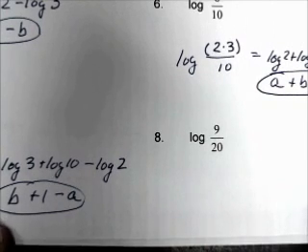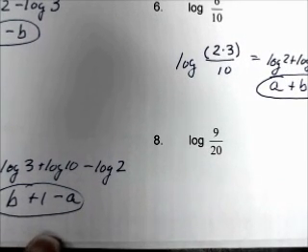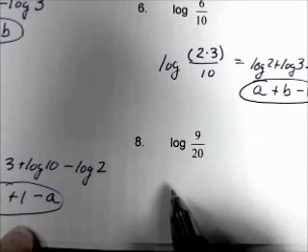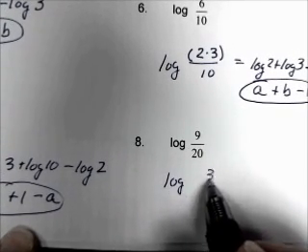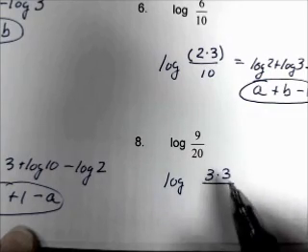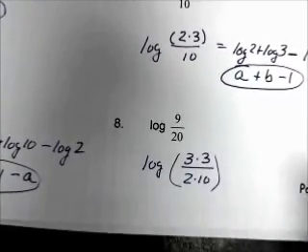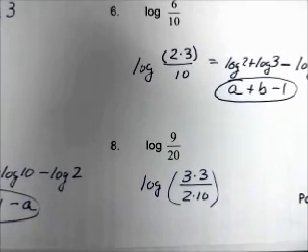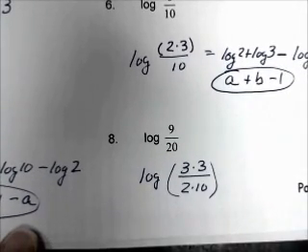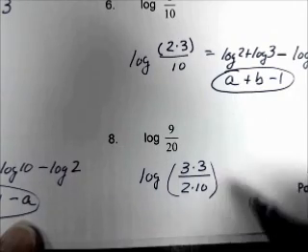Number 8, log of 9 divided by 20. So 9 would be 3 times 3, and 20 is 2 times 10. Just be careful, we do have 2 terms in our denominator.